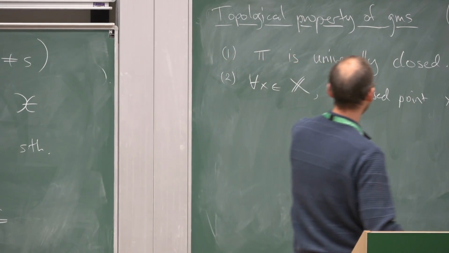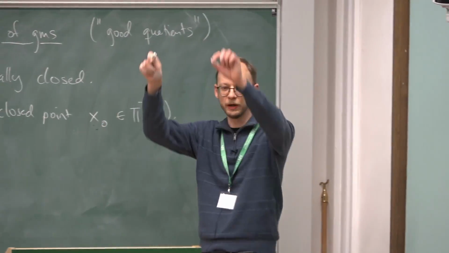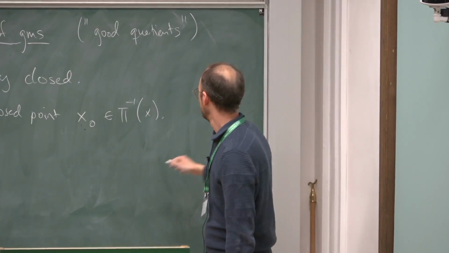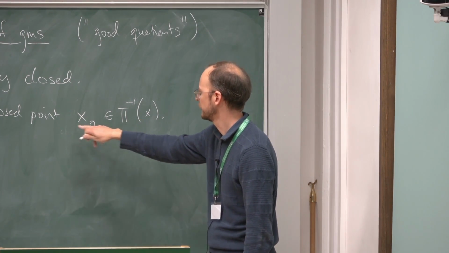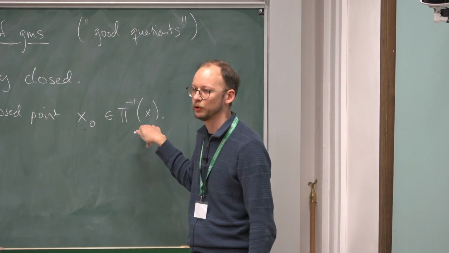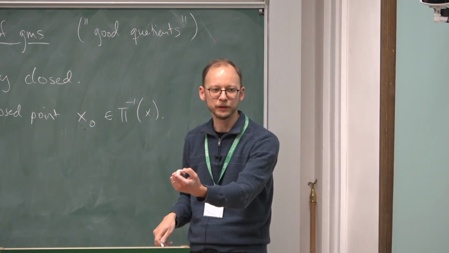This is exactly saying the same thing. A closed orbit corresponds to a closed point of the stack, and I'm saying that there's exactly a unique closed orbit above every point in the good moduli space.